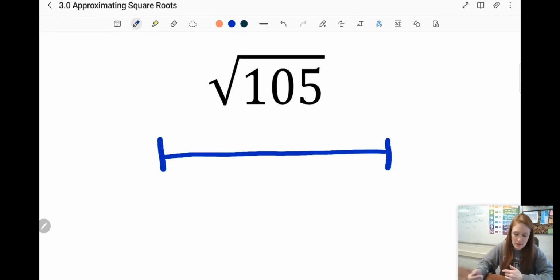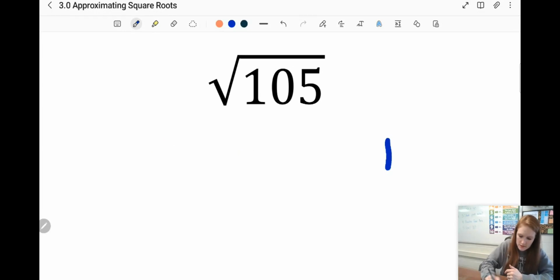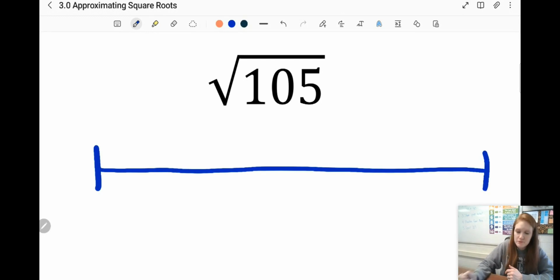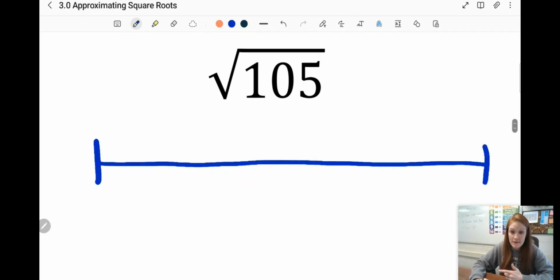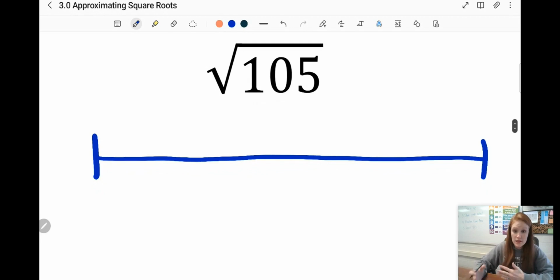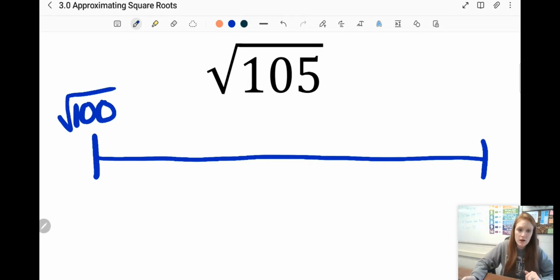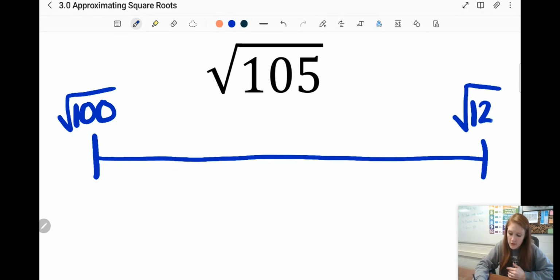Okay, I might even make this a little bit bigger so I've got some room here. I need to identify what perfect square root is less than 105, and that would be 100. What perfect square root is greater than it? 121.